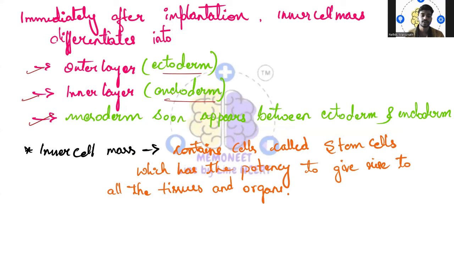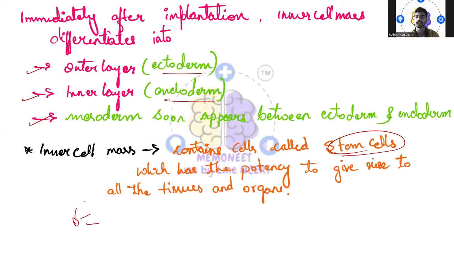The inner cell mass contains the stem cells, which have the potency to give rise to all the tissues and organs. That means stem cells are the very first cells from where other cells develop.